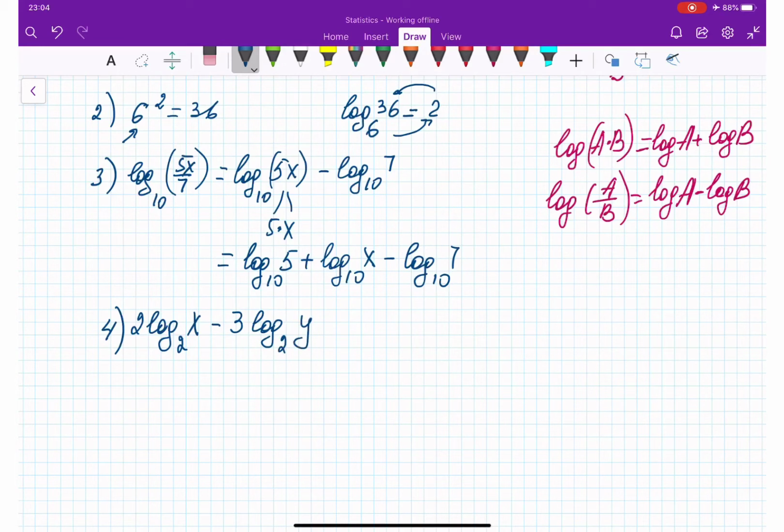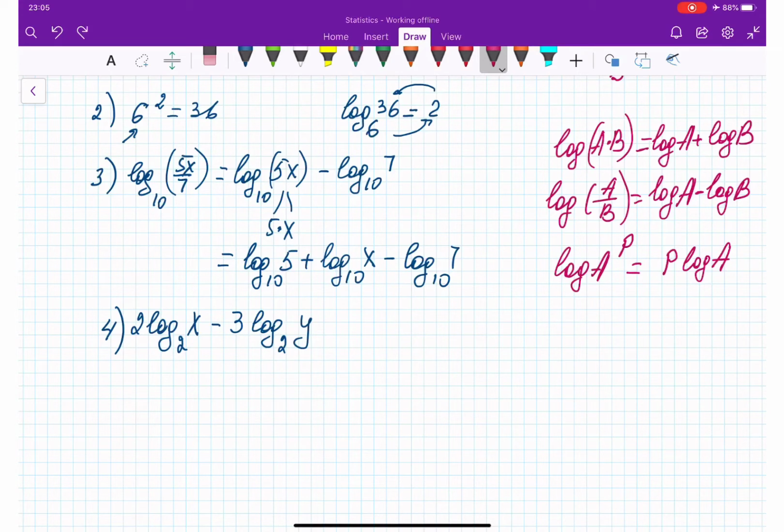Okay, let me add here the next property, of power. So logarithm a to power p is equal p times logarithm a, which means the power comes in front, right? Okay, well, let's use it.